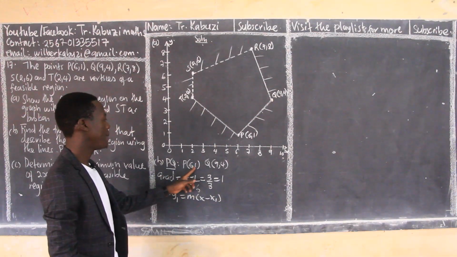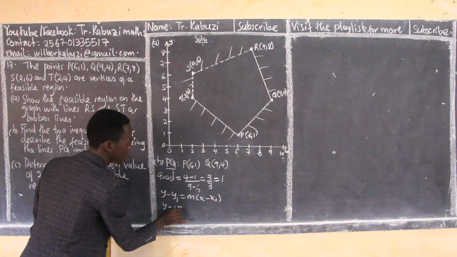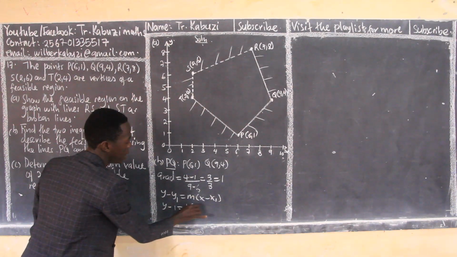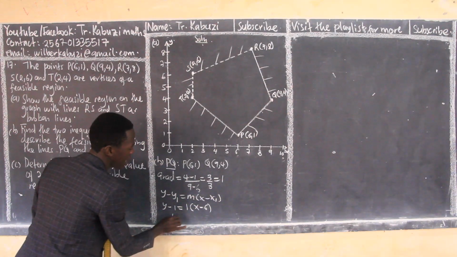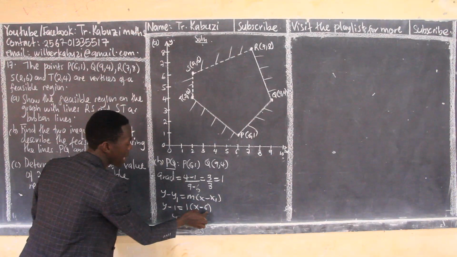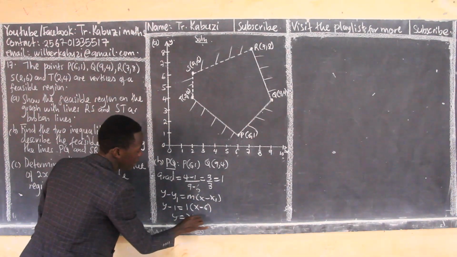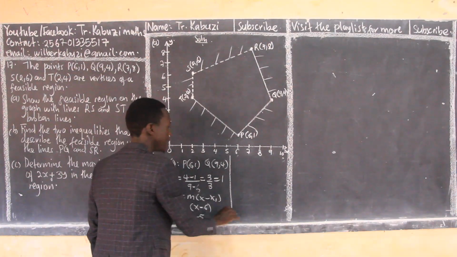You choose any point. Let me choose this one, so y1 is 1. Our gradient is 1 into (x minus 6). You see here my line becomes y equals x, then plus 1 minus 6 gives me minus 5. Now that is the line.